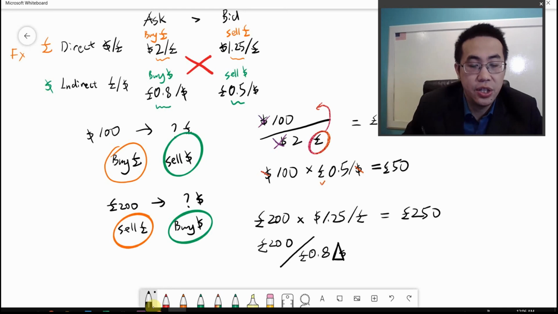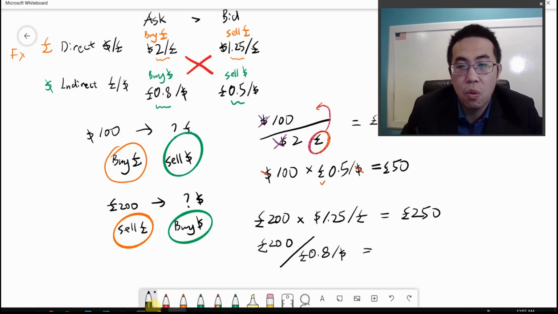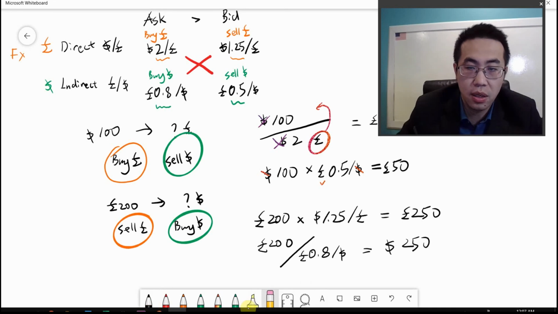And in this calculation, you will see a pound and pound get canceled, the dollar sign will flip to the top, and this together will give you 250 US dollars.